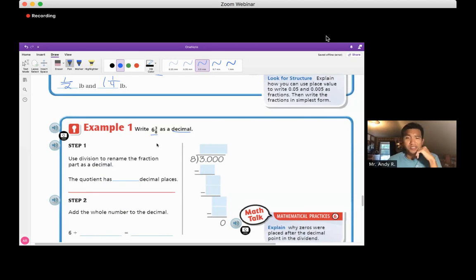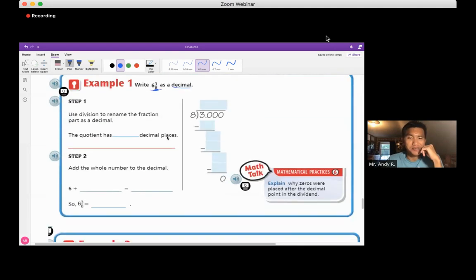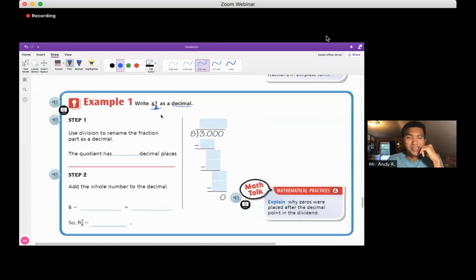Writing fractions as decimals. Just taking the 3/8, how do you write this fraction as a decimal?